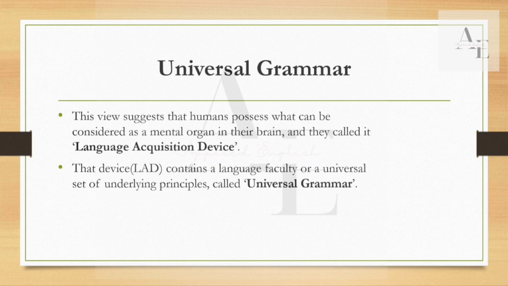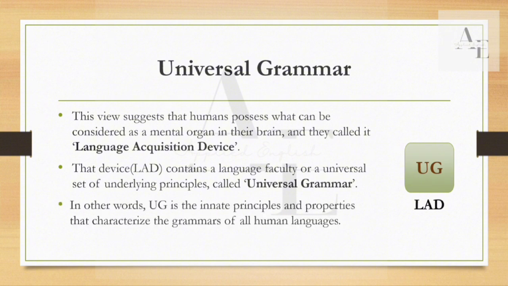The most famous or obvious example of universal grammar is the word order in a sentence, like SVO: subject, verb, object. We have this structure in our universal grammar in the language acquisition device. So let's imagine that this box is the language acquisition device. Inside it, we have universal grammar. As we said, it's a mental thing, not an actual thing. In other words, UG is the innate principles and properties that characterize the grammars of all human languages.